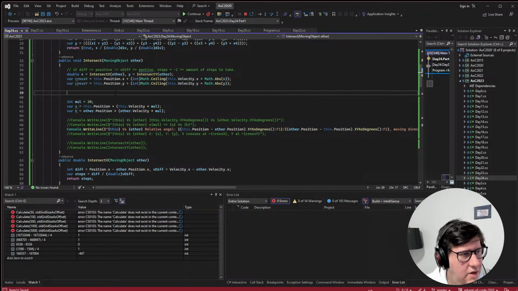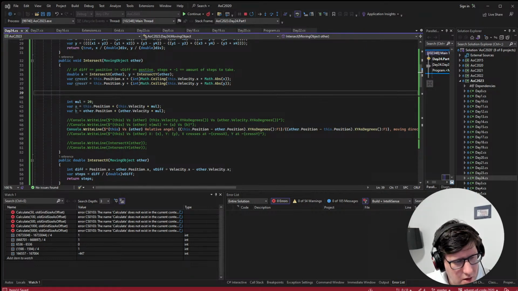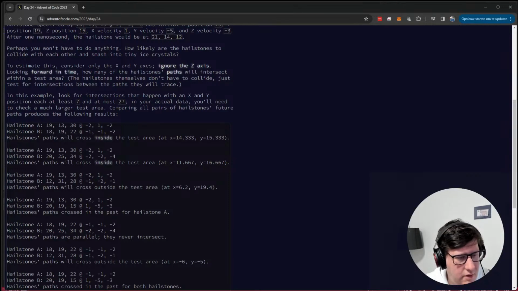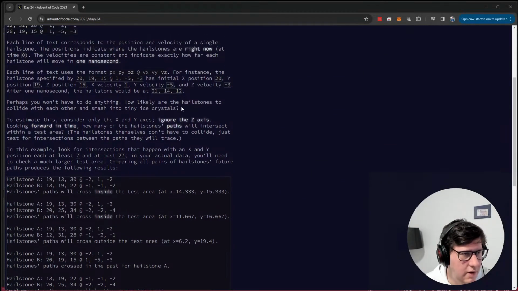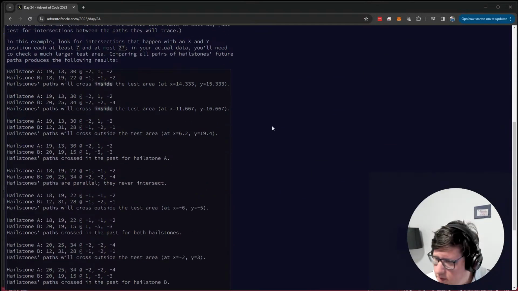Now I'm very curious. And for this I can actually give the range of 7 and 27, because they want to know if it happens within that range. Pass parameters as double as well.